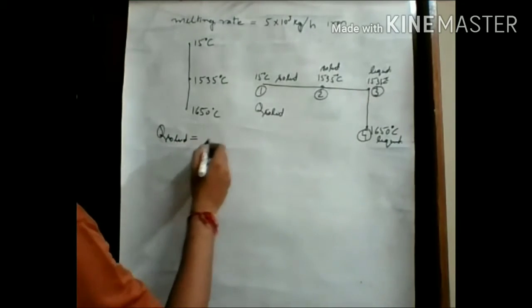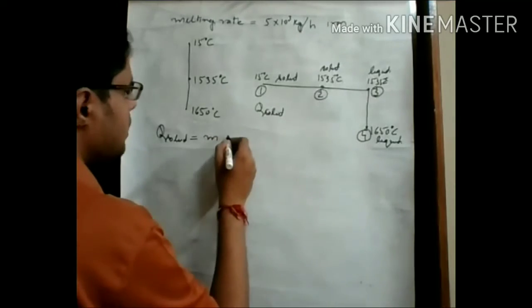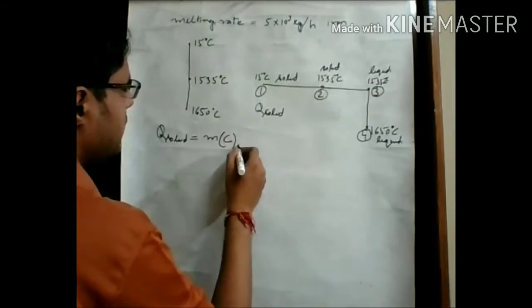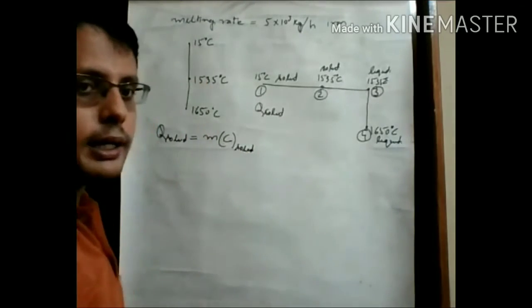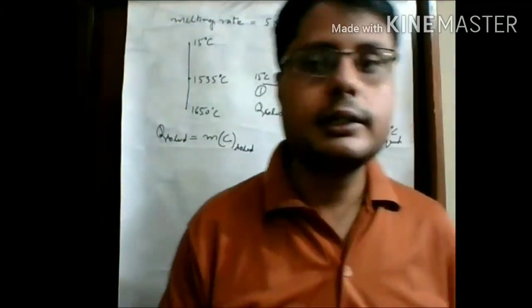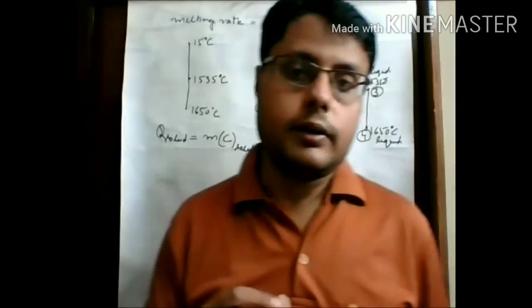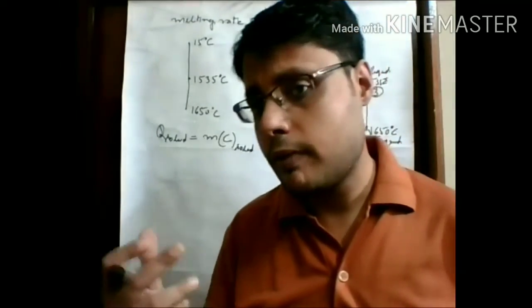Q solid is equal to mass of iron times C in a solid state, that is the specific heat of iron in a solid state. Remember that specific heat depends upon the state. It may be solid, liquid, or vapor.